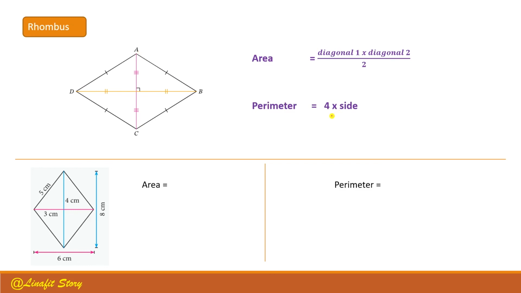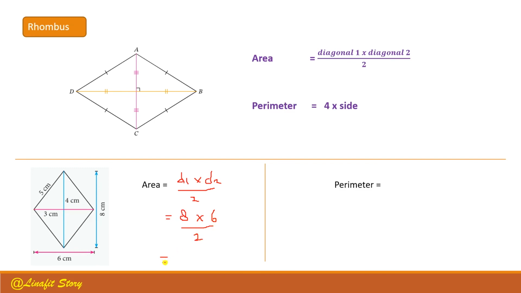For example, we will find the area and perimeter of this rhombus. To get the area is diagonal 1 times diagonal 2 divided by 2. Diagonal 1 is 8 cm times diagonal 2 is 6 cm divided by 2.